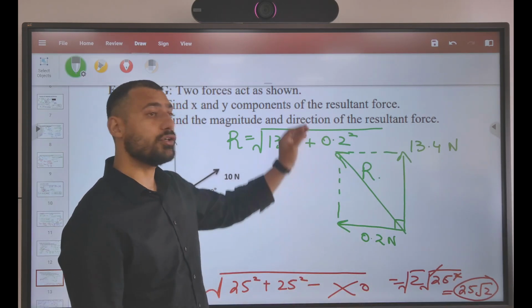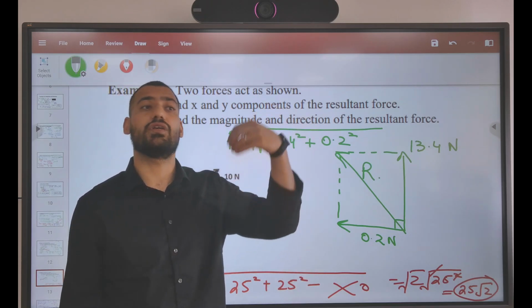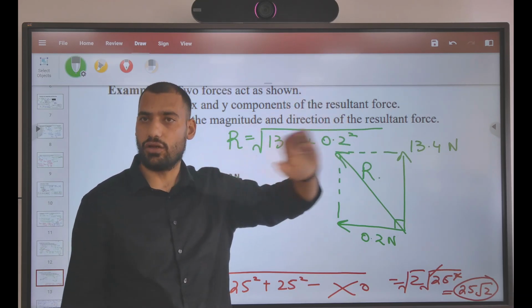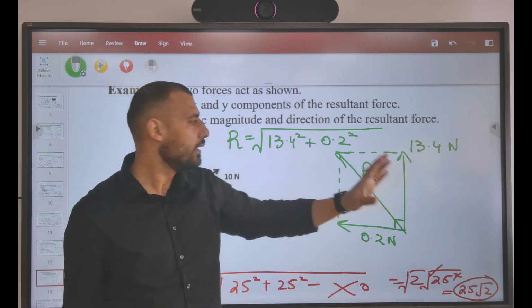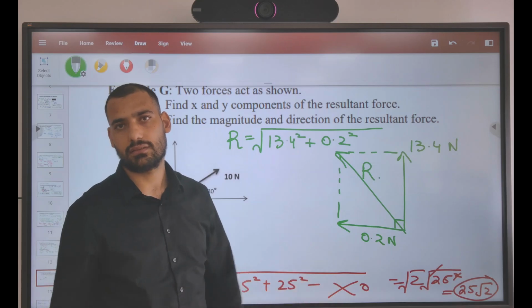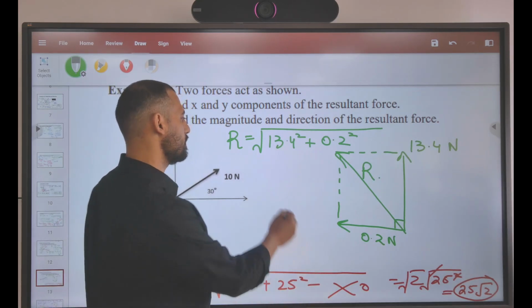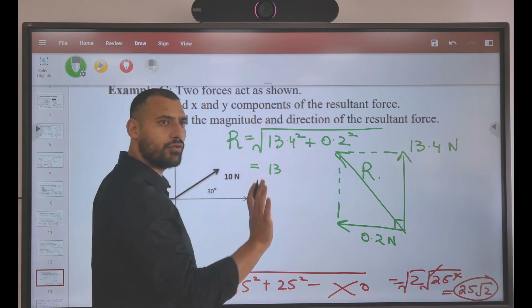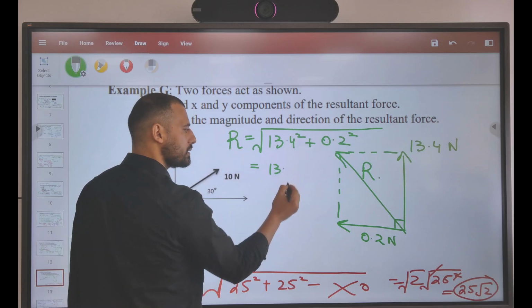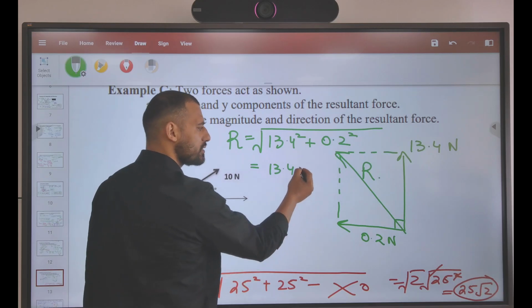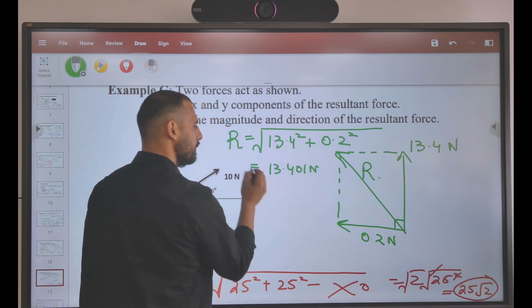So when you try to add the vectors with the help of their components, you break it into components, then find net along x, find net along y, draw a new diagram, and then use this formula. That's it. Give me the value. How much is this? Again 13.4? Yeah. So the net is 13.44, something like that. 401. Okay, this is the net resultant.